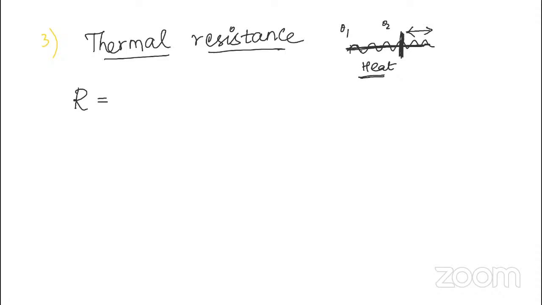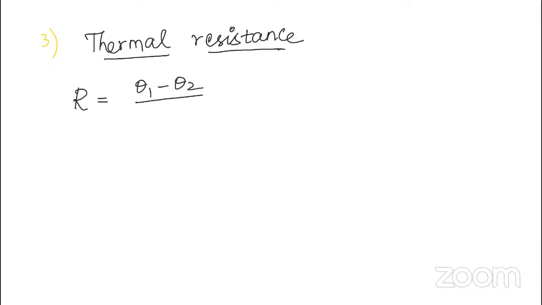Okay, so இதோட formulas நம்ம சிம்பிளா எப்படி எழுதுறோம் அப்படின்னா temperature difference that is theta 1 minus theta 2 divided by H. H which is nothing but heat energy, which is equal to theta 1 minus theta 2 divided by, you can simply write it as Q by T. Okay.